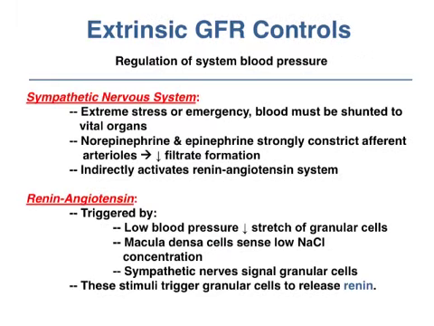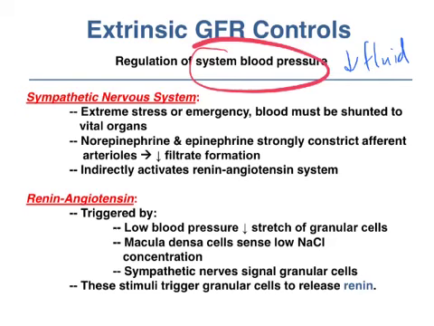The extrinsic controls, in contrast, are all about regulating systemic blood pressure. The extrinsic GFR controls are not primarily concerned about kidney function. They've got the bigger picture in mind. They may maintain systemic blood pressure, even at the expense of kidney function. And they primarily do this by decreasing fluid loss.